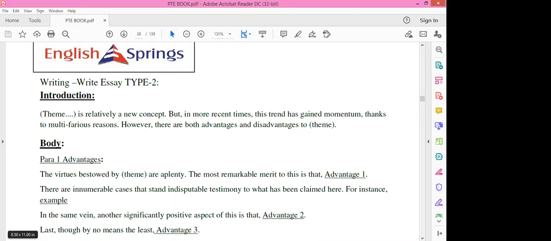Please remember this. Now, there are innumerable cases, innumerable examples, that's what I'm trying to say, that stand indisputable, there is no dispute, there is no conflict, there is no argument. Testimony means proven fact to what has been claimed here. For instance, give your example.